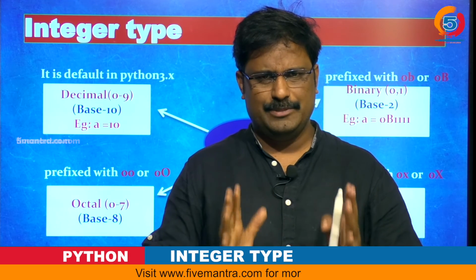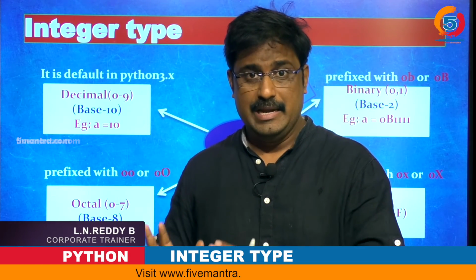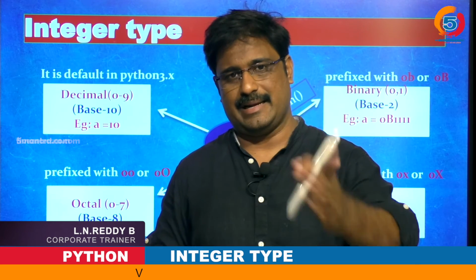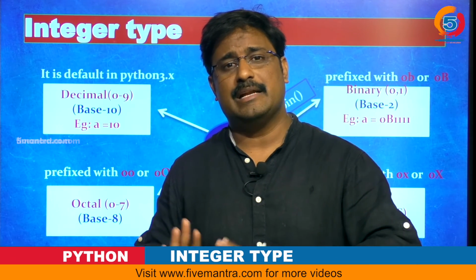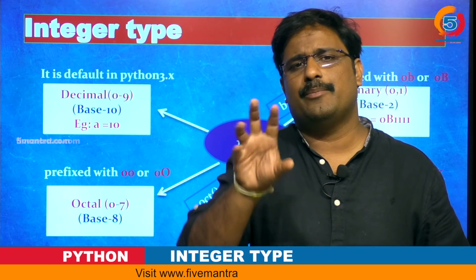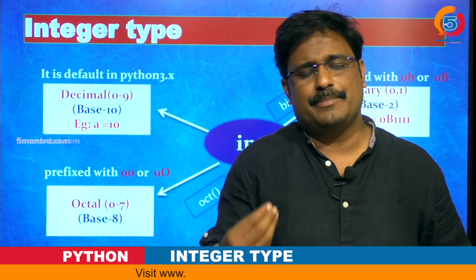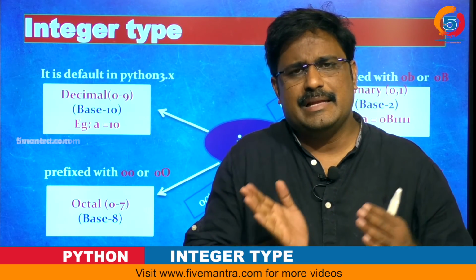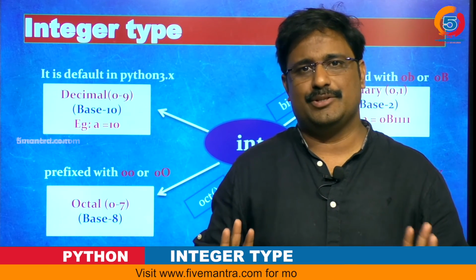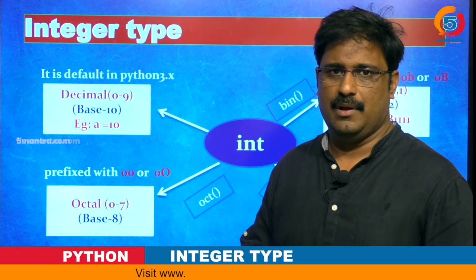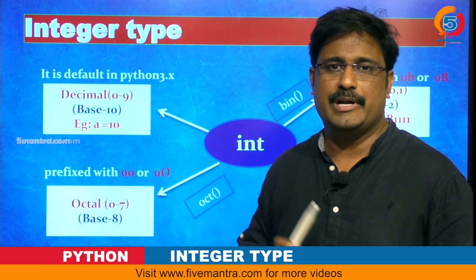This object will occupy the heap memory. It is a dynamic property we have. Automatically it will be increased and decreased at runtime. That memory management will be done separately, so you do not need to bother about your memory. It will accept all data, either small data or big data, it does not matter. Why? Because you don't have that memory constraint in Python. That is the advantage we have.